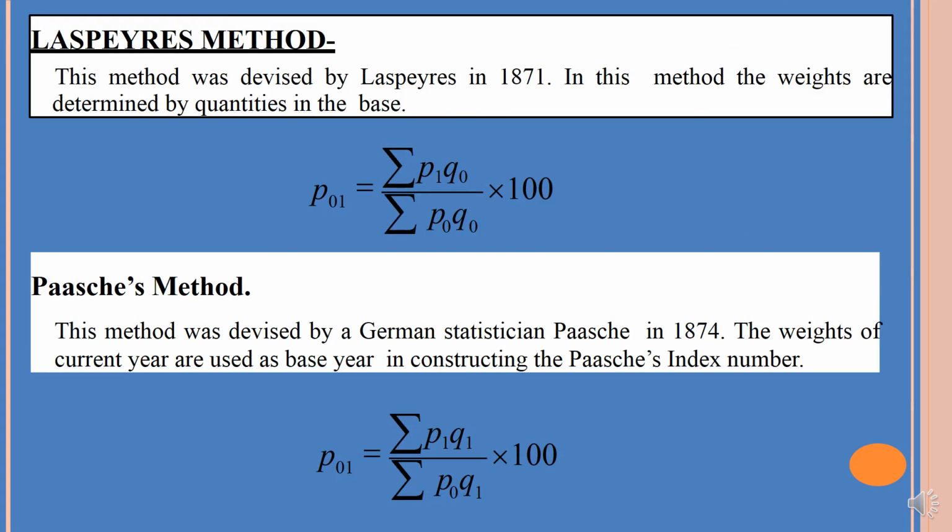Here, Laspeyres method. This method was used by Laspeyres in the year 1871. In this method the weights are determined by the quantities of the base year. Here the base year's quantity is taken into consideration. P0 is the price of the base year, P1 is the price in the current year, and Q0 is the quantity of the base year.